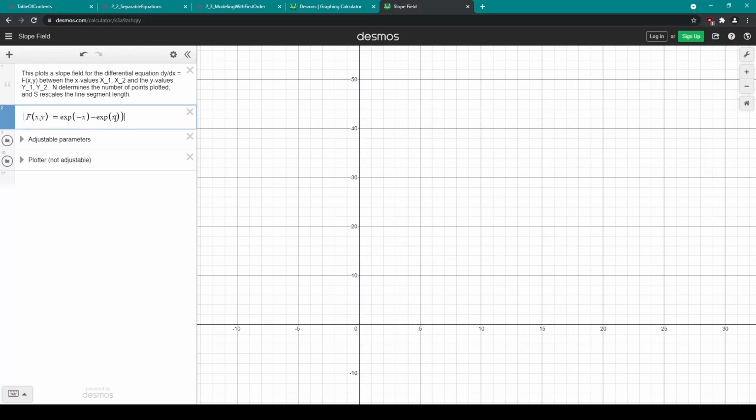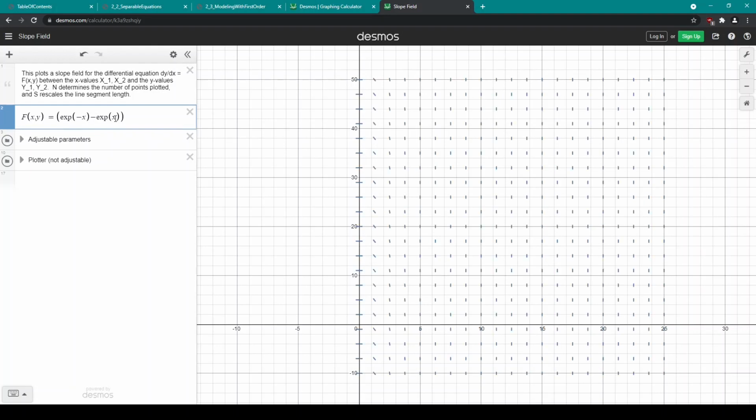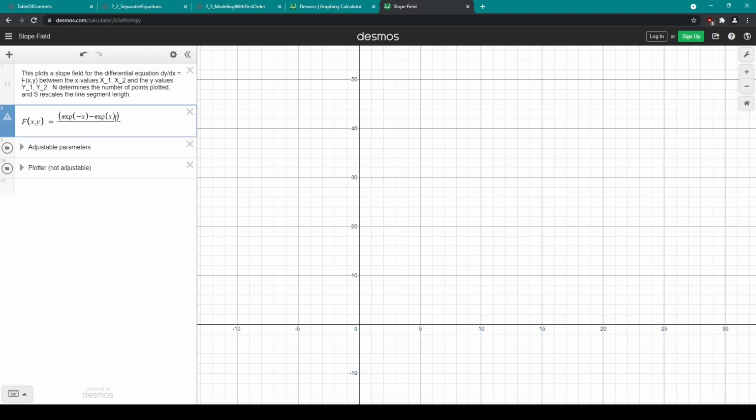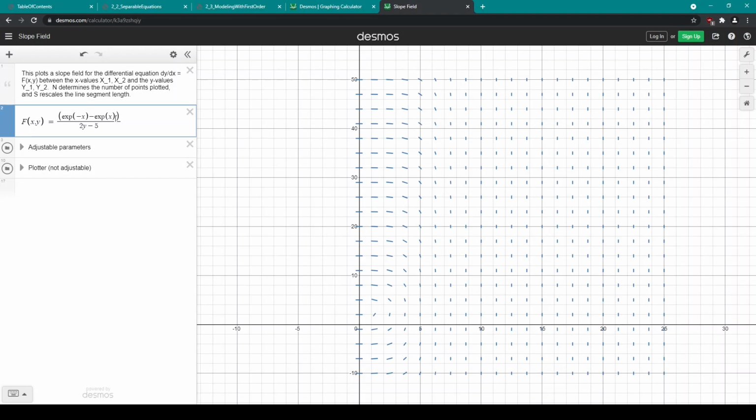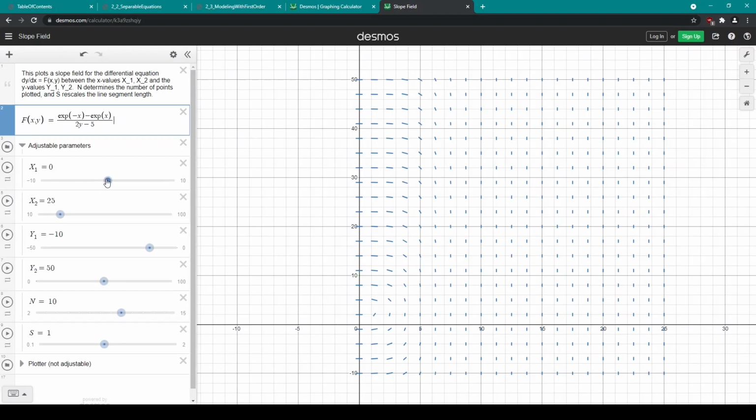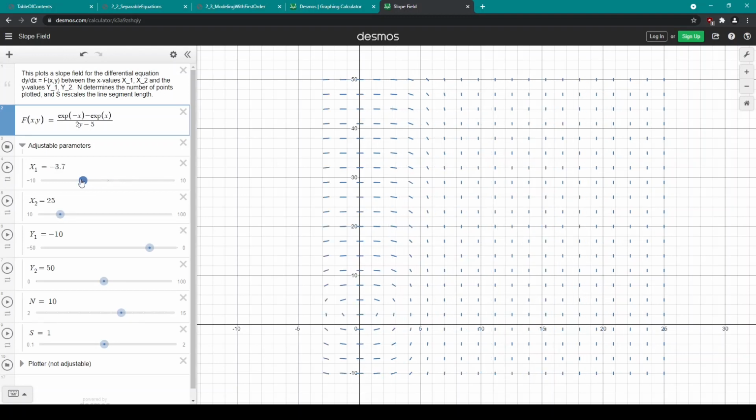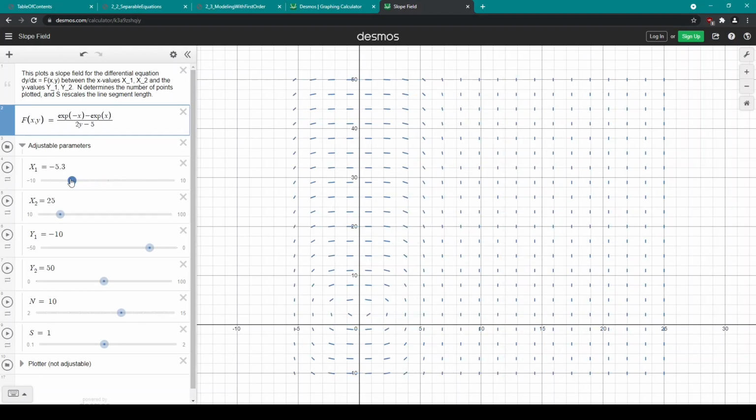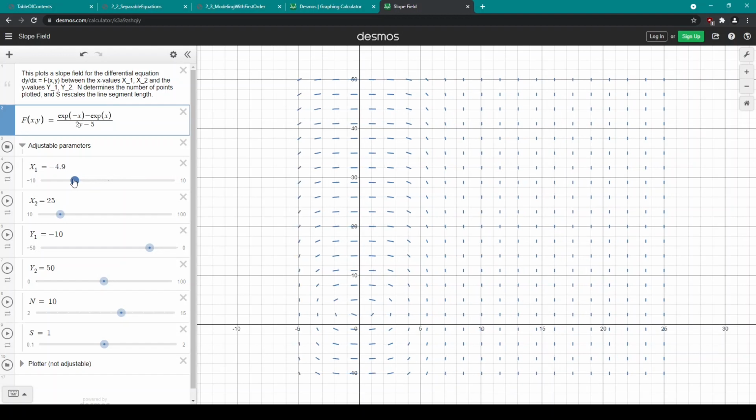I have to put these in parentheses. Two y minus 5. Okay. All right. So there's our expression. And what we want to do here is change these things around so we can see a little bit more about what's going on with the direction field.